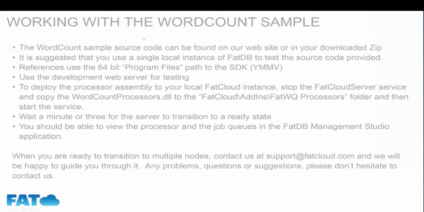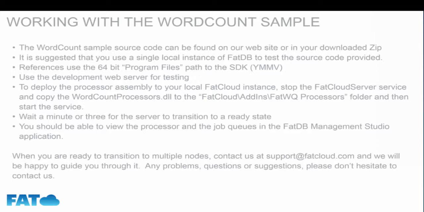So, how do you actually work with the word count sample? You're going to download it from the website, and you're going to install a single instance of the FatDB platform to try it out. And right now, the references in the word count sample are based on the 64-bit install that will fall into the program files path.